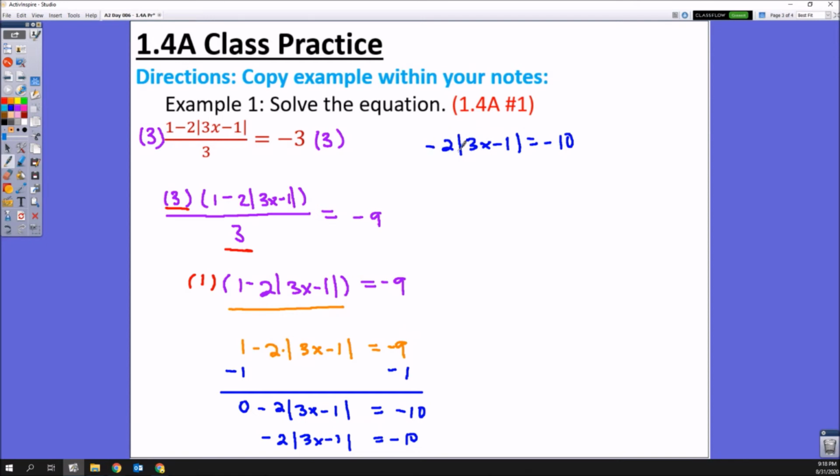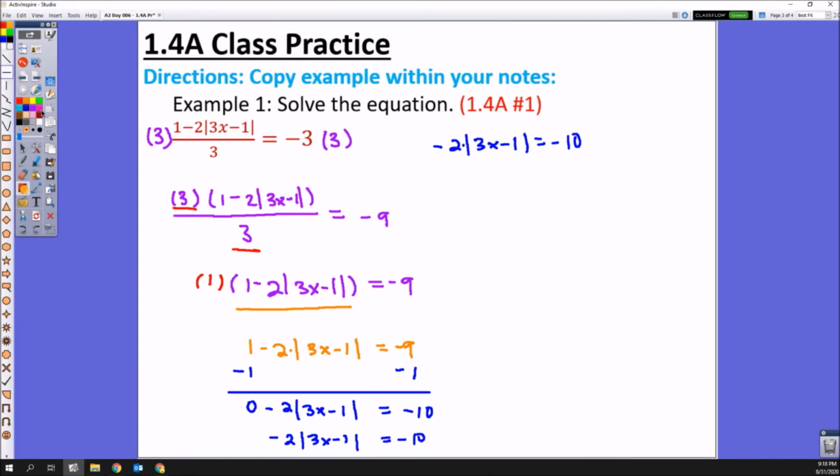So we want to make sure that we get down to the absolute value part only to see if we can continue solving. Here we have a negative 2 in the front. That means that it's multiplying. So the opposite of multiplying is dividing. So I'm going to divide by the number that's in front of the absolute value, which is the negative 2. So divide by negative 2, divide by negative 2.